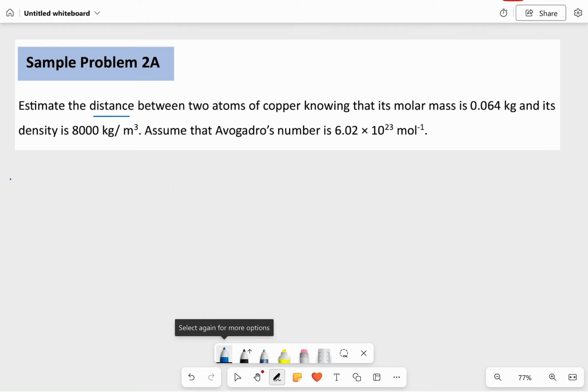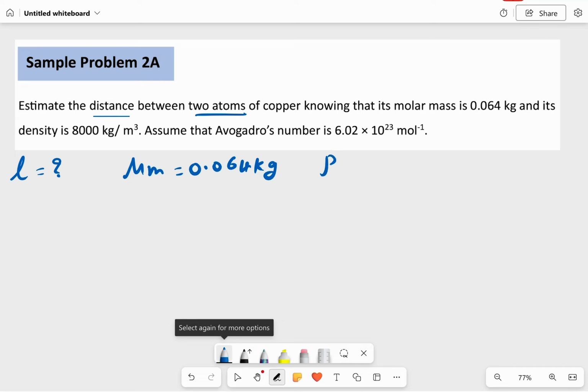Now look, you have L, which is unknown. You have two atoms of copper, knowing its molar mass is 0.064. So you have molar mass. Careful, don't write M alone, because if you write M alone, it means it is the mass of a single atom. It's different. Its density is equal to what?